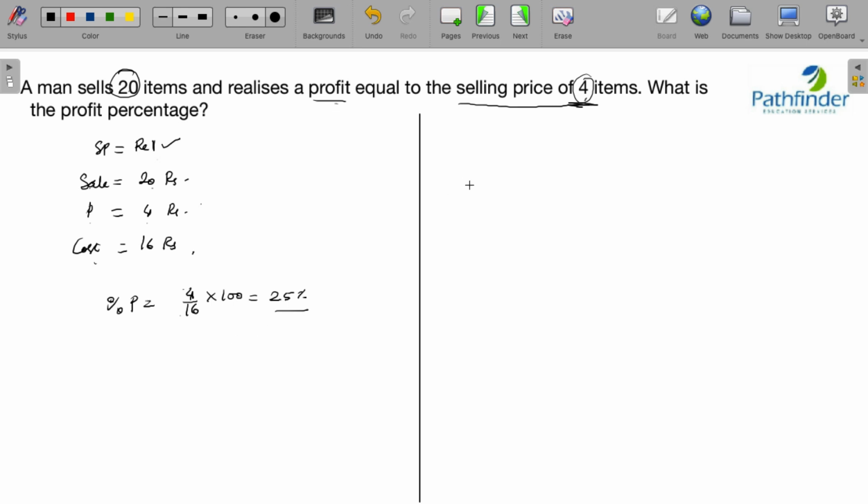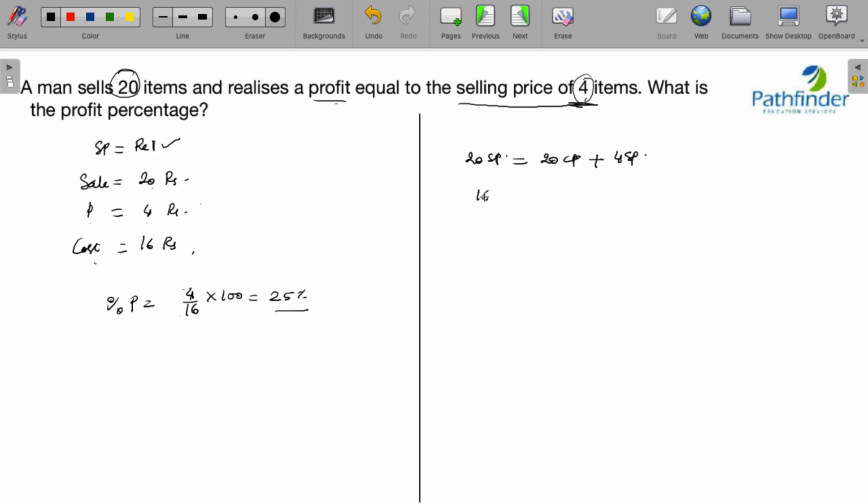I could also have solved this question in this manner. Since the man sells 20 items, the total sale is 20 times the selling price. And since he sold 20 items, we will have to consider the cost of 20 items. So it is equal to 20 CP plus profit. So profit is nothing but the selling price of 4 items, so 4 times SP.